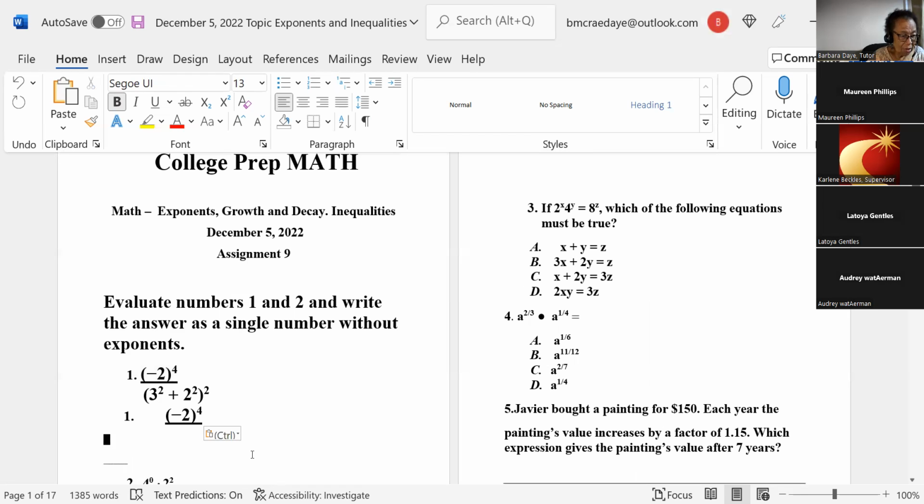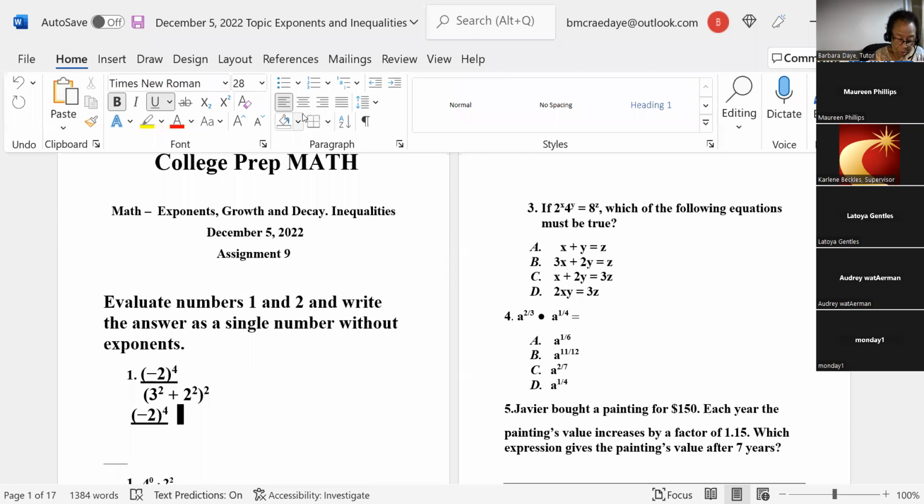Okay. So that's minus 2 by itself 4 times. And since it's a positive exponent, it's going to be a positive result. So what did you get? 16. Okay, so this was equal to 16. Now, what did you get for the denominator?